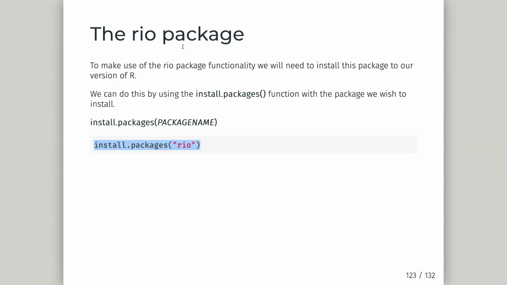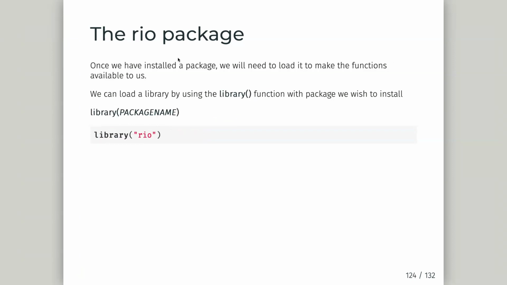Once this is installed, in order to get access to the functions within that package, we just need to run library and then in quotes the name of the package. Once we've done that, it's going to go get all these functions loaded. It'll give you some verbose warning about what it's done. And now we can start to use its special libraries of file parsers.